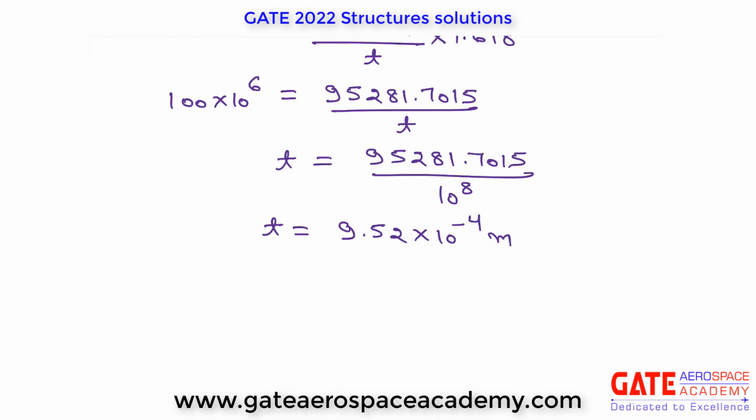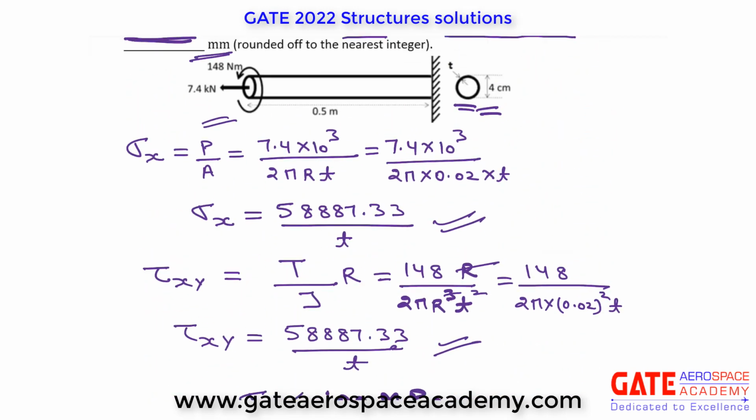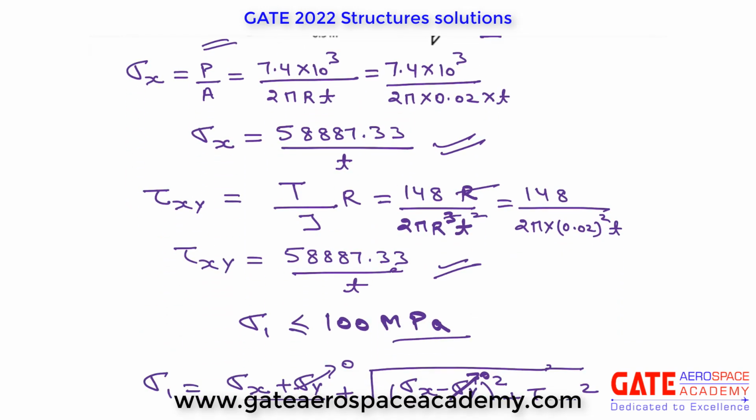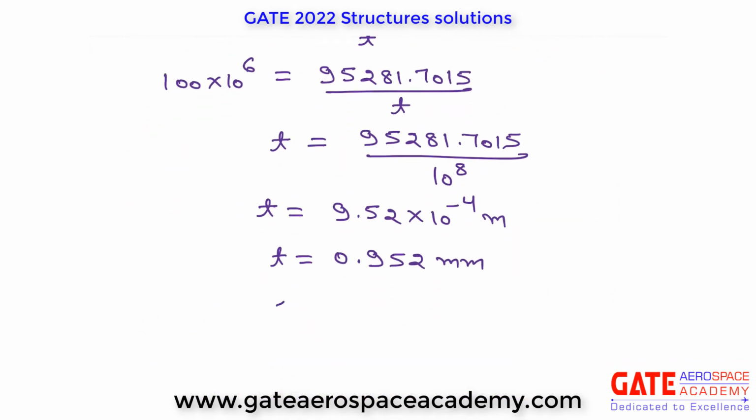But they are asking in mm, so T will be equal to 0.952 mm, right? But they are asking round off to nearest integer. So T will be equal to 1 mm.